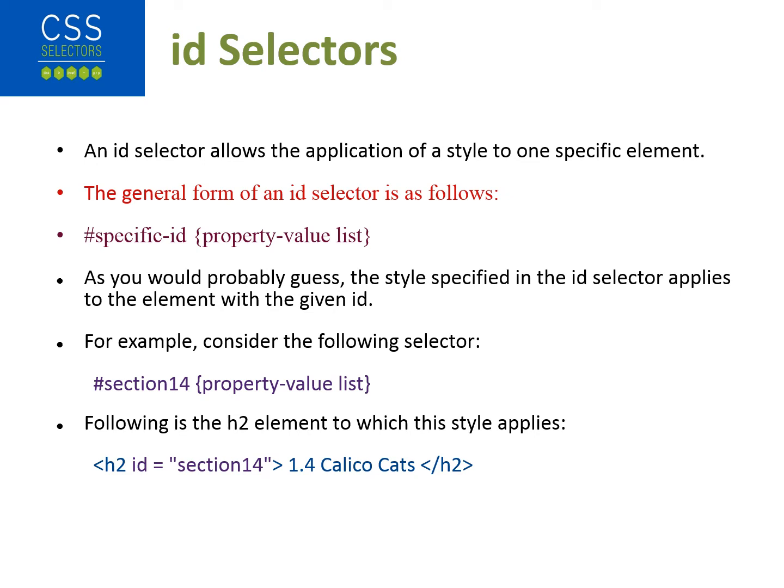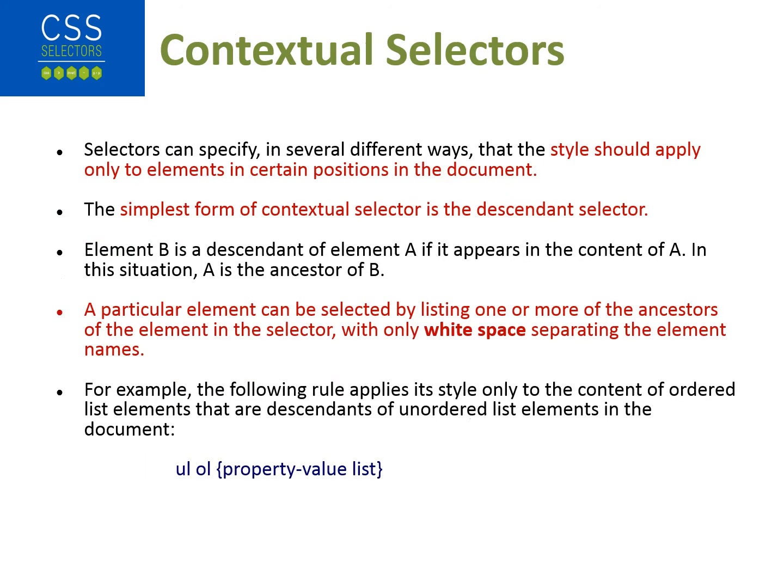Now we can see the next type of selectors, that is contextual selectors. Selectors can specify in several different ways that the style should apply only to elements in certain positions in the document. The simplest form of contextual selector is the descendant selector.